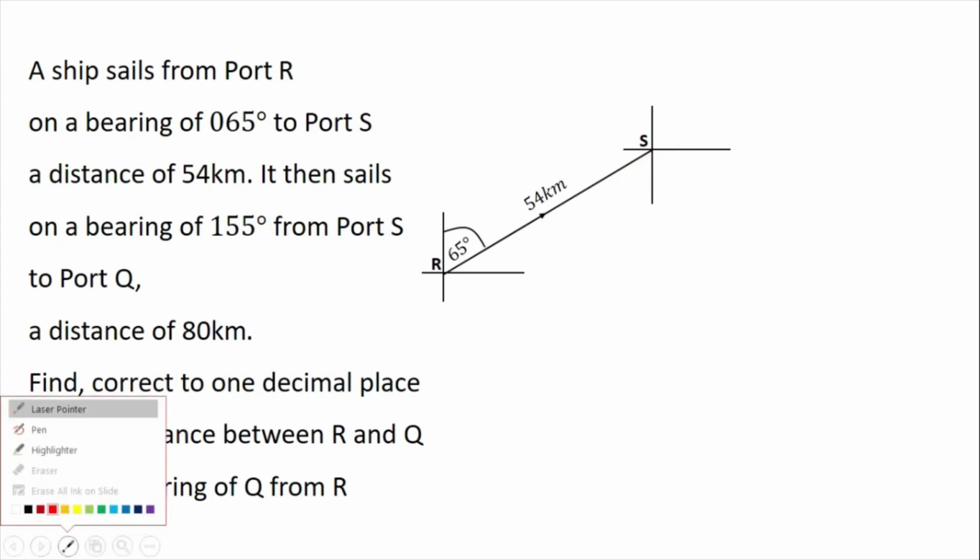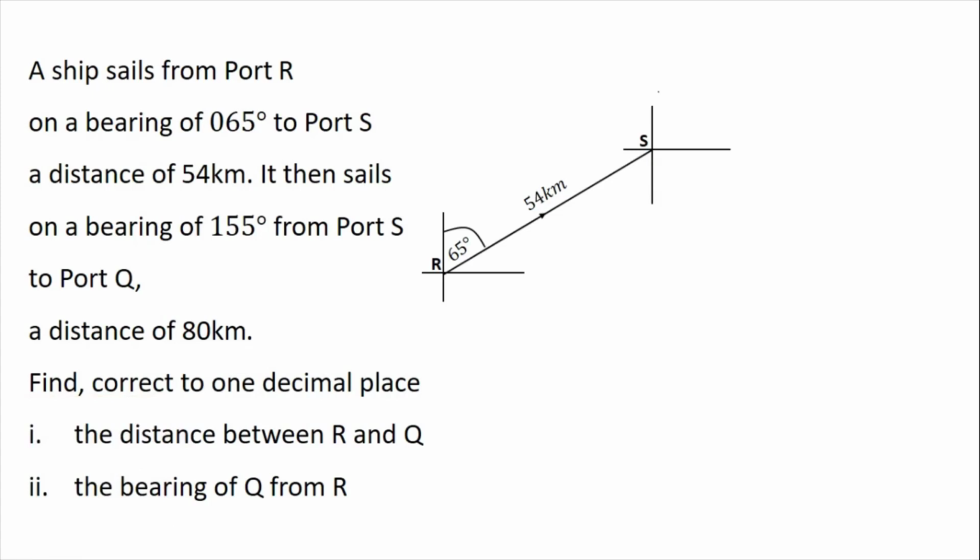We know that also on Port S, here will be 0, here is 90, here is 180, and here is 270. Now we know that 155 is between 90 and 180. So it's going to be in this region or in this quadrant. Okay, so you ask yourself, what should you add to 90 degrees in order to get 155 degrees?